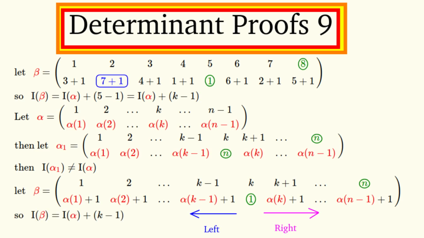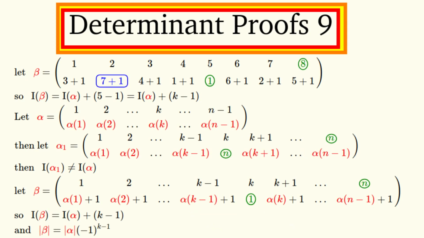The number of inversions of beta is changed by the number 1 and its location. It contributes to the number of inversions by k minus 1 because there are k minus 1 numbers to the left that are greater than it. We know this because 1 is the smallest number. It contributes nothing due to the numbers to its right because they're larger than it.